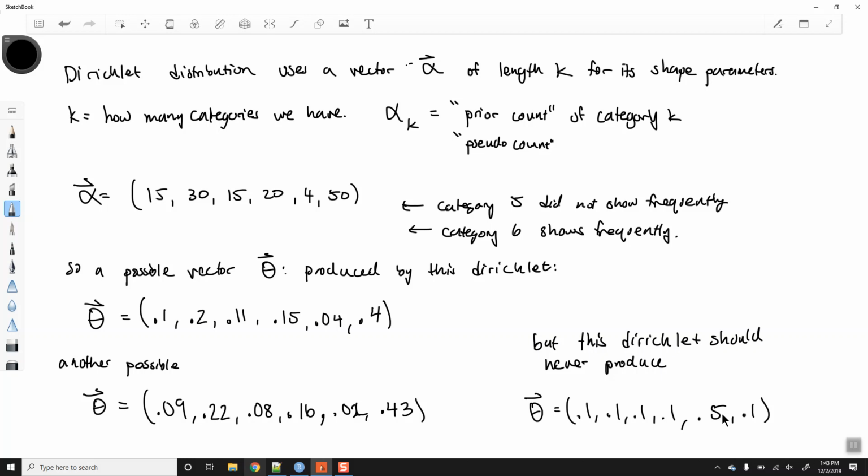And similarly, you can define a Dirichlet distribution with a vector of prior counts, and it's going to produce a vector of probabilities that add up to 1. It's basically the categorical distribution for those things, but it should align with the prior counts that we have seen. So that's the Dirichlet distribution.